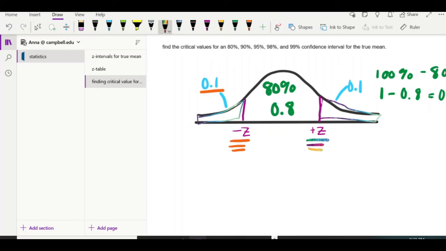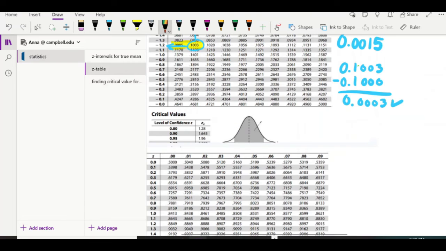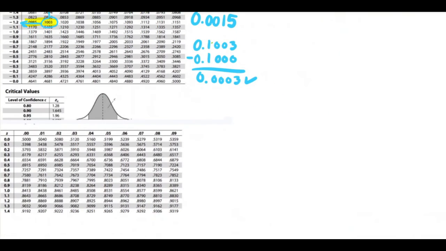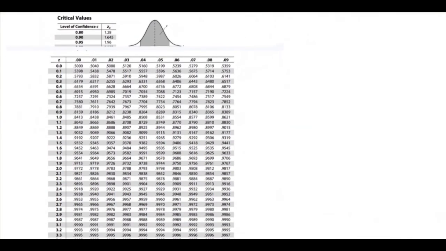So we need the area below positive z. So now we need to add the 10% to the 80%, and that gives us 0.9. So the area below is 90%. So we're going back to our z-table, and again, that's the value we are going to try to find in here.